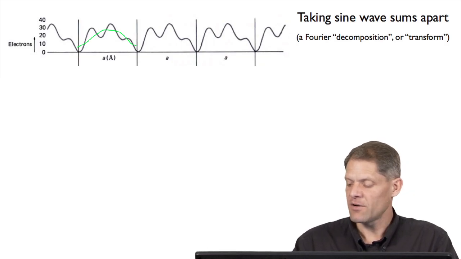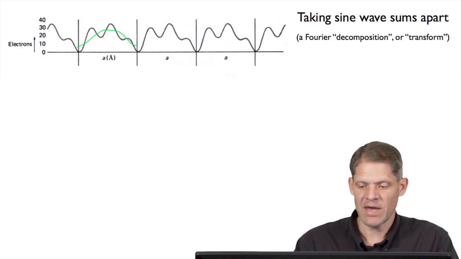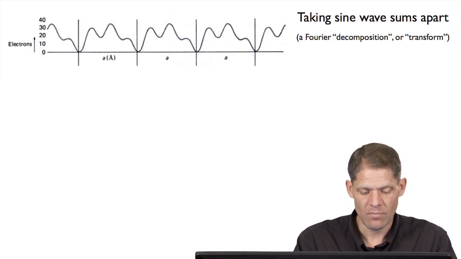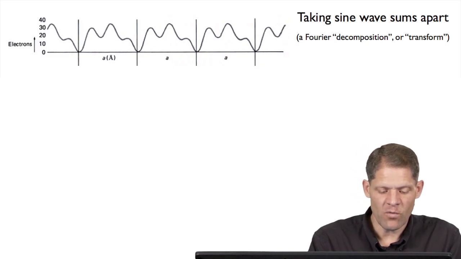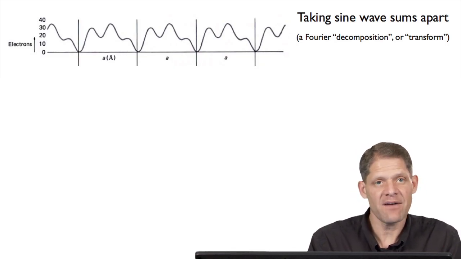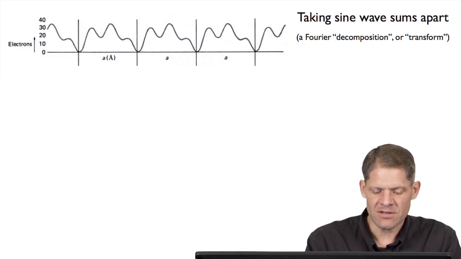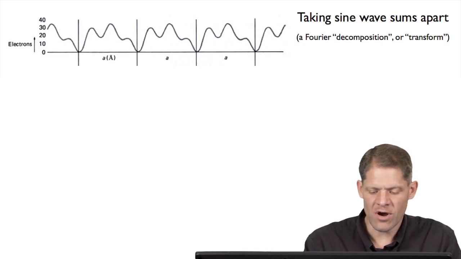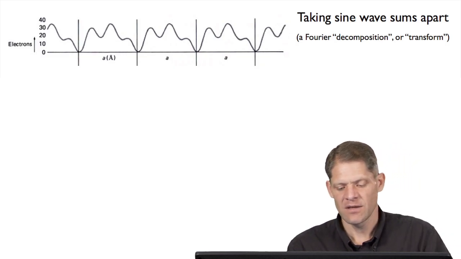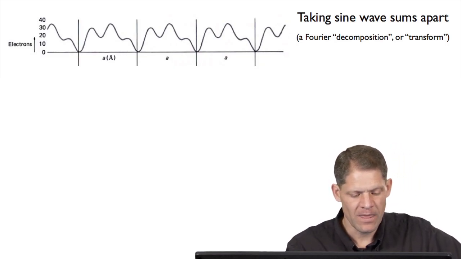And that's why this fundamental frequency has a peak right in the middle, and it has that amplitude. Now, the next sine wave that's embedded in there has a wavelength that is half the size of the original period. Namely, it oscillates twice across this period, or twice across the box that we're trying to reproduce.